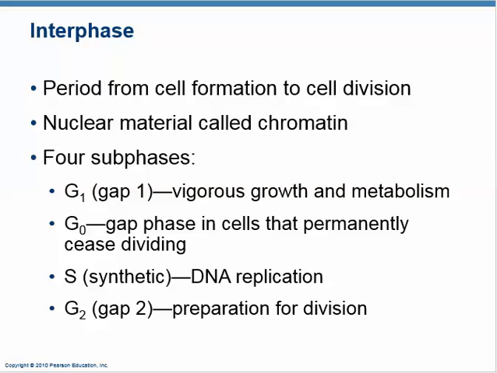G2, it says, is preparing for division, but really G2 is just more growth and metabolism and more of the same, doing the work of the cell. The difference being that now there are 2 copies of every strand of chromatin in the nucleus of that cell.